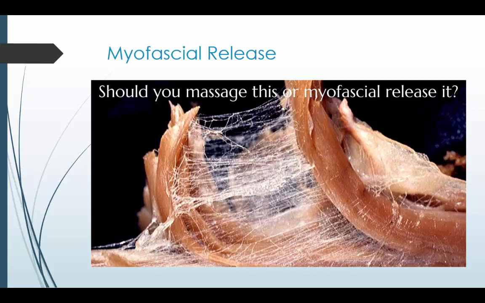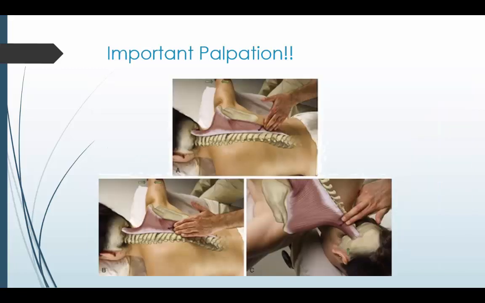This term is actually quite common, but it's actually a misnomer. Myofascial release implies the treatment to myofascial tissue. Although we can target the myofascia during the treatment, it is not always the targeted tissue nor the only tissue treated. Palpation is fundamental in myofascial release.